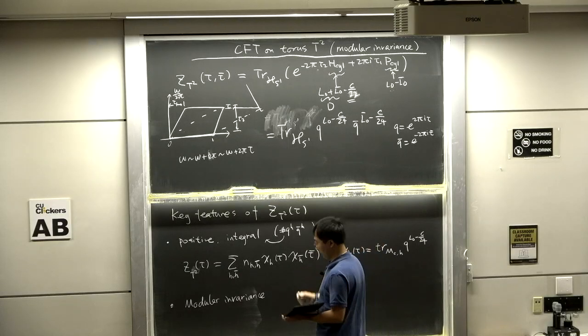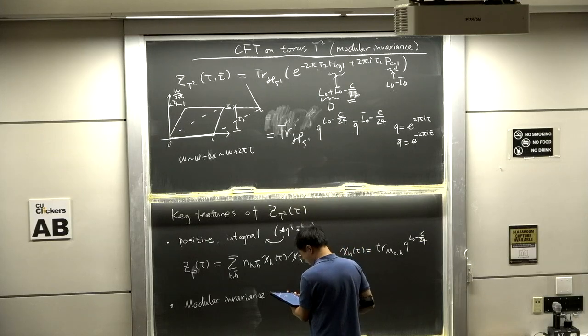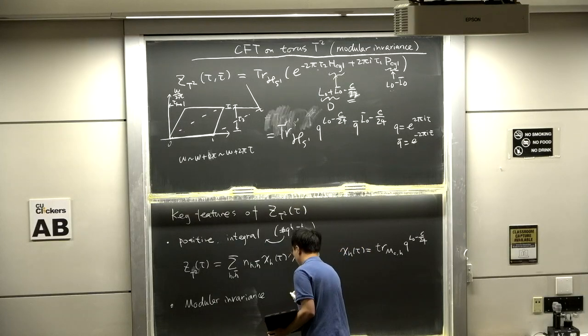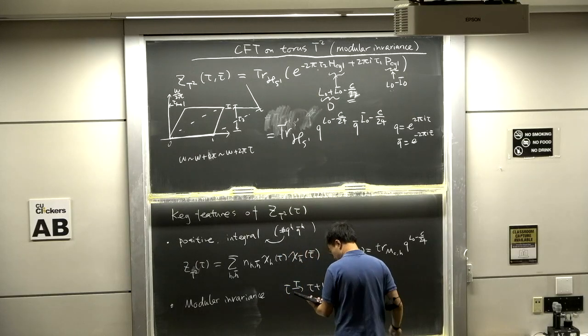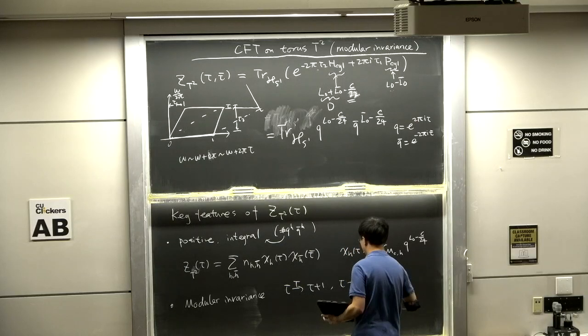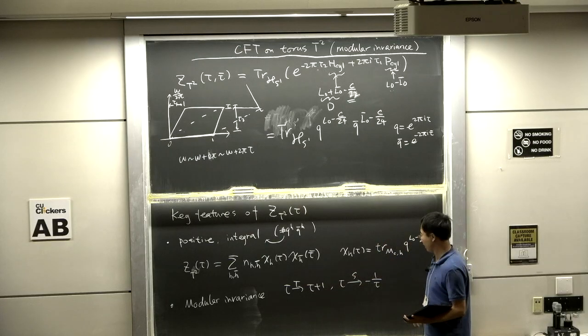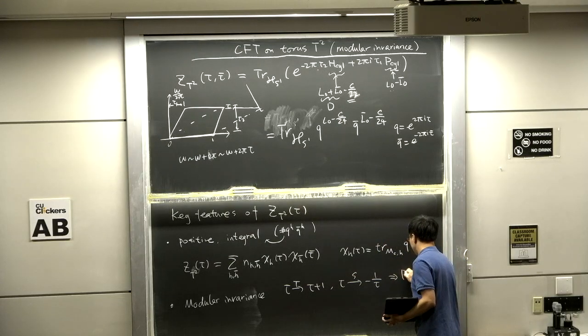And similarly, there's an S transformation that corresponds to rotating the torus. And so just in terms of equations, these are the corresponding transformations. These transformations, T and S, generate a PSL(2,Z) group.